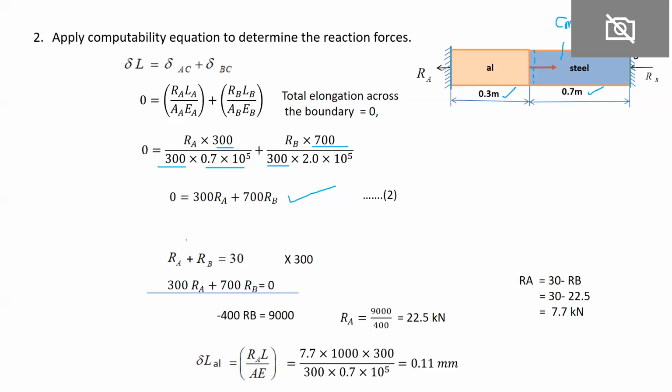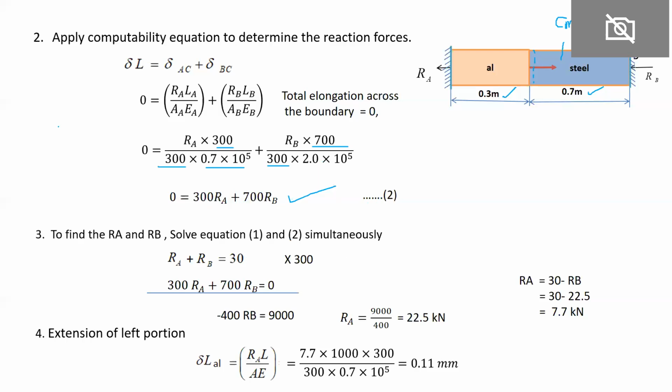Now solve these two equations, equation 1 and 2, simultaneously to obtain the values of RA and RB. To solve simultaneously, the first equation is multiplied by 300. So you get 300 RA plus 300 RB is equal to 30 into 300.